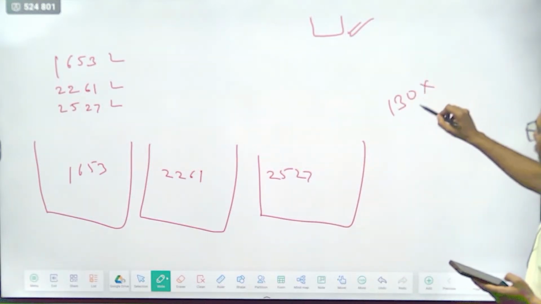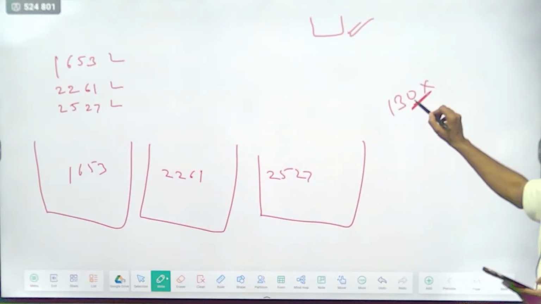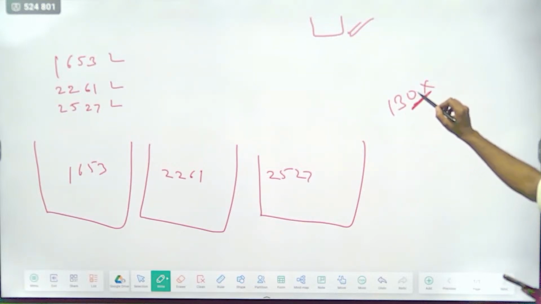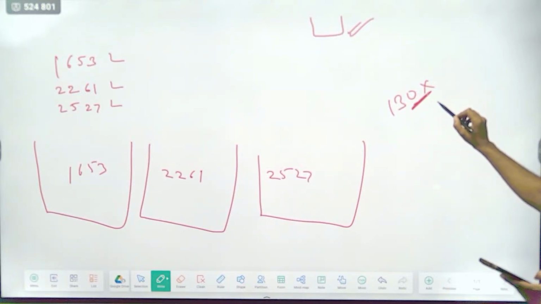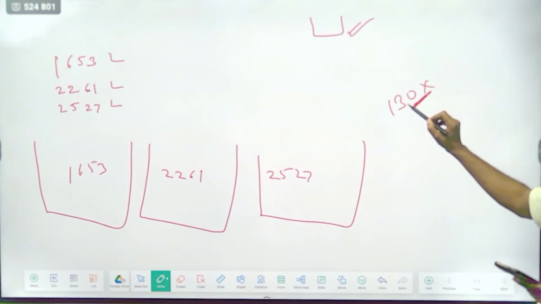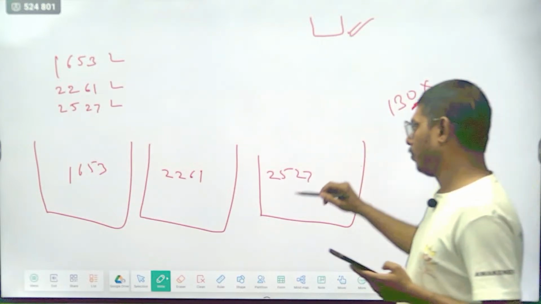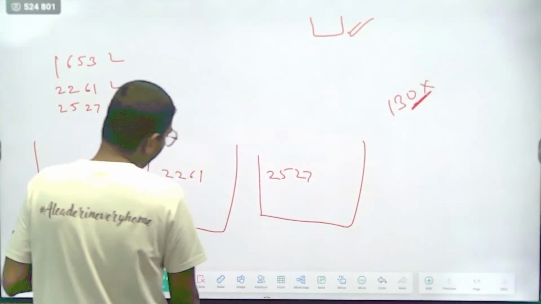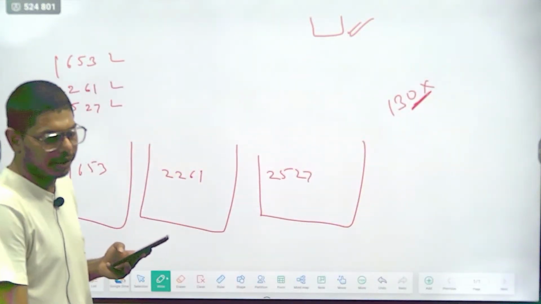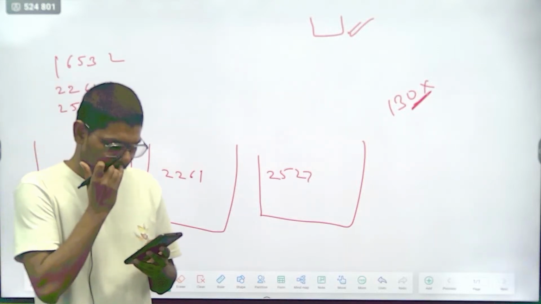Into multiple anything, there will be 0 in the unit digit. 133. Okay. The answer is not matching, by the way. Check for it. You must have made some mistake.